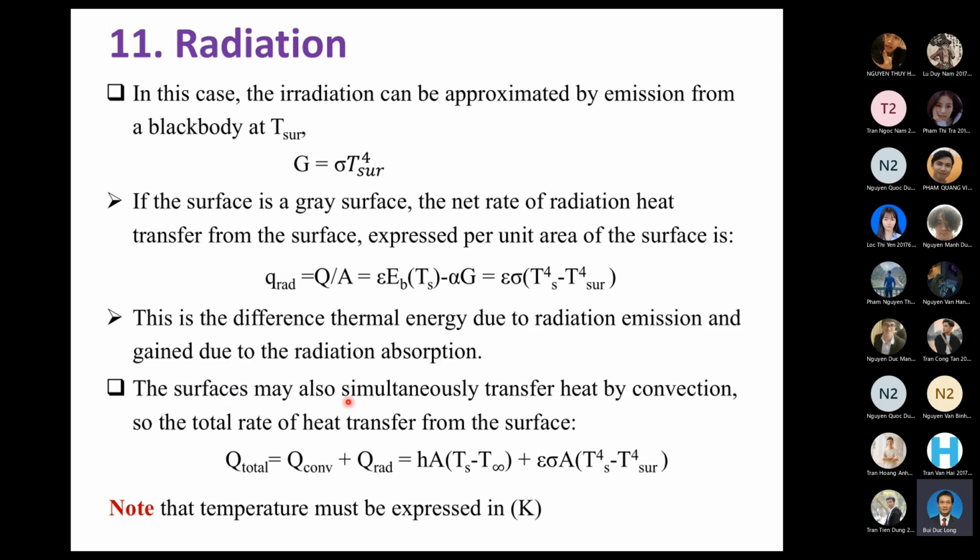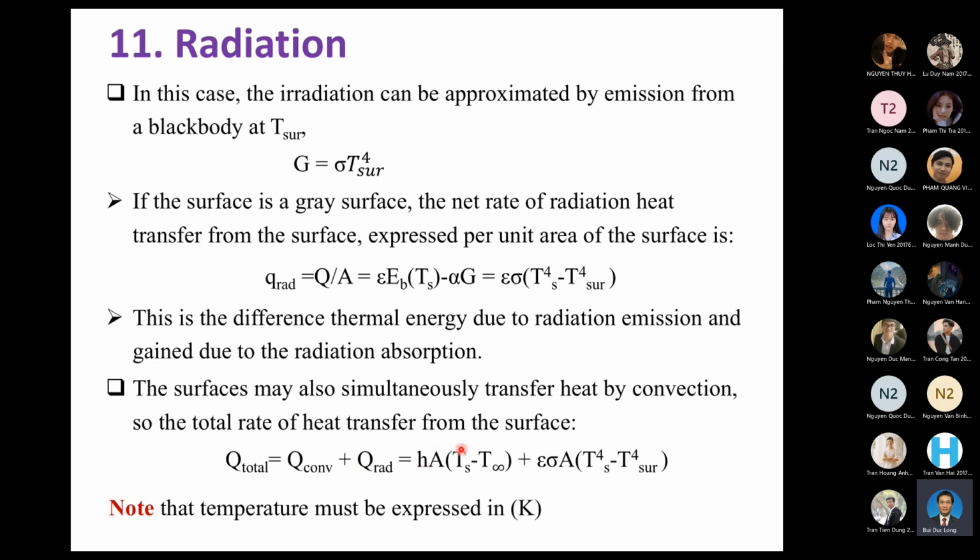The surface may also simultaneously transfer heat by convection. This is by radiation, and the surface also transfers heat by convection to the surrounding environment. So the total rate of heat transfer from the surface is the heat of convection plus radiation.